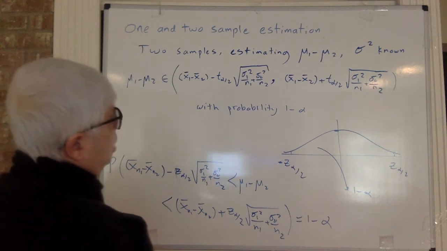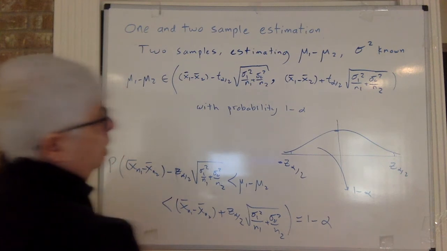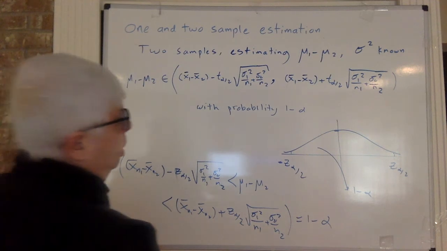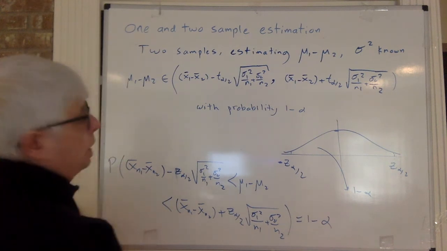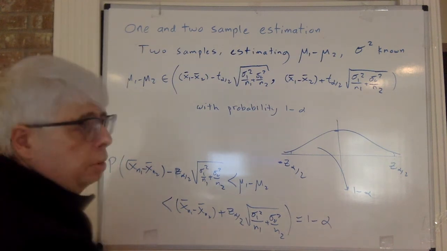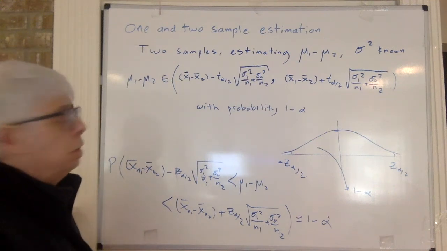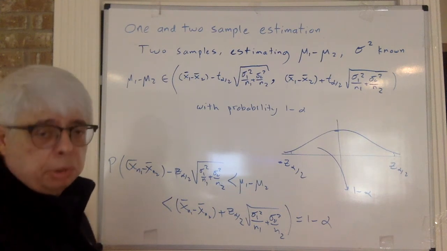Now the case where sigma squared is unknown is a little different, and I have written it in the notes. In that case, it is a t distribution with a certain degree of freedom, and the degree of freedom is a big expression itself.